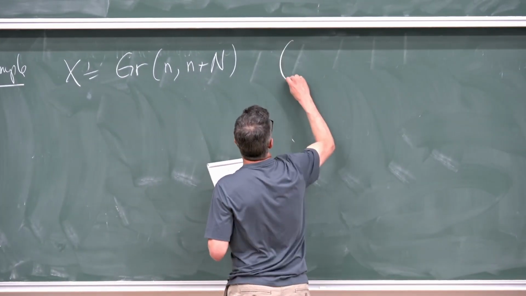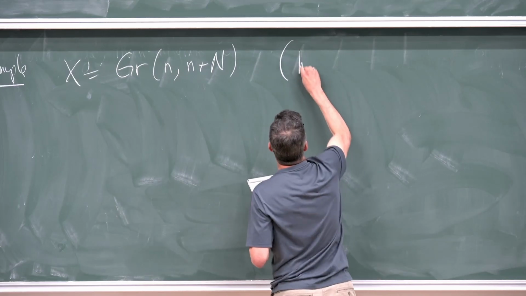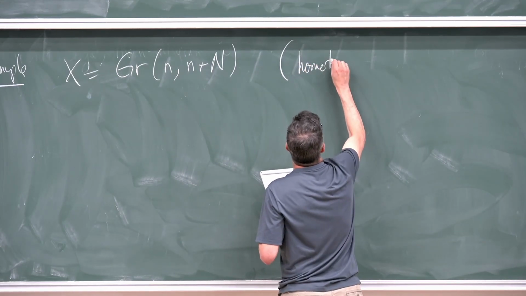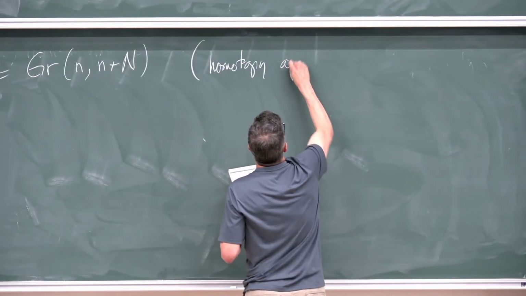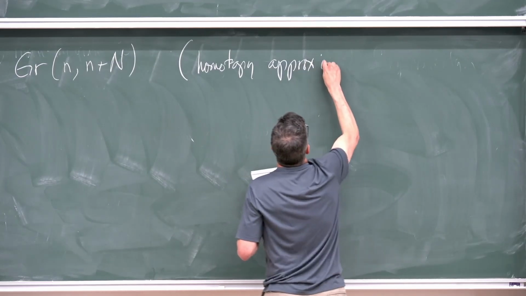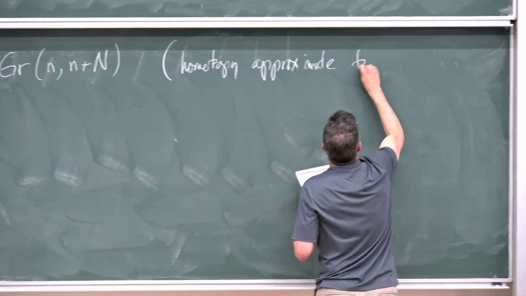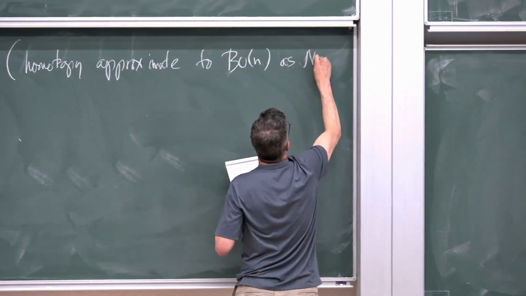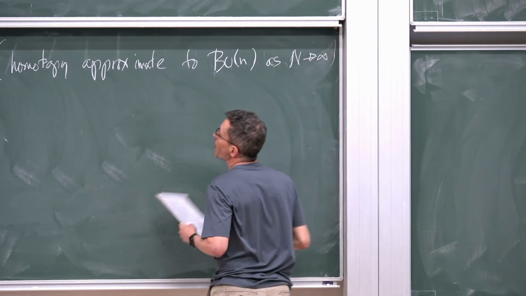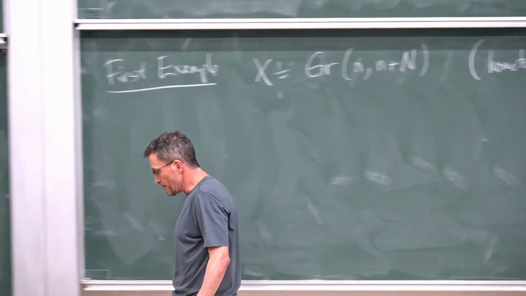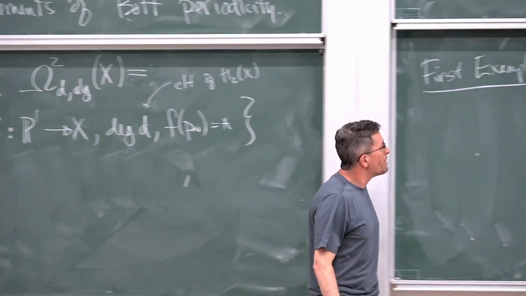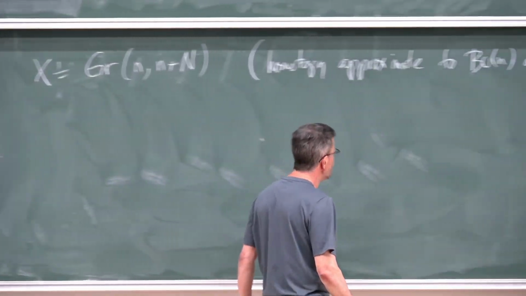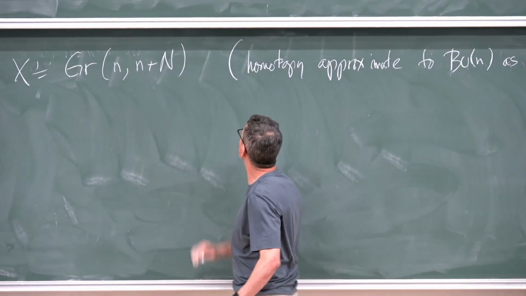So, to use this language of homotopy approximation, this is homotopy approximate to BU_n as n gets large. Right, a familiar thing: we can get any bundle of rank n by going to a sufficiently large Grassmannian.